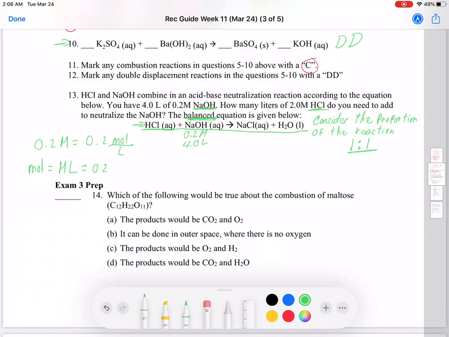Therefore, if I have 0.2 moles per liter and I multiply that times 4.0 liters, that is going to equal 0.8 moles of NaOH.